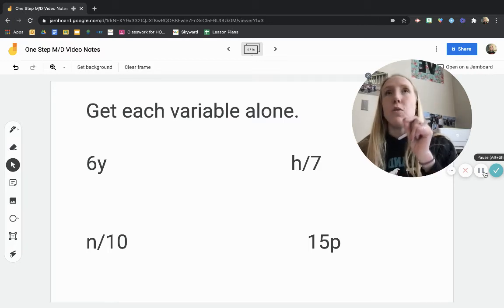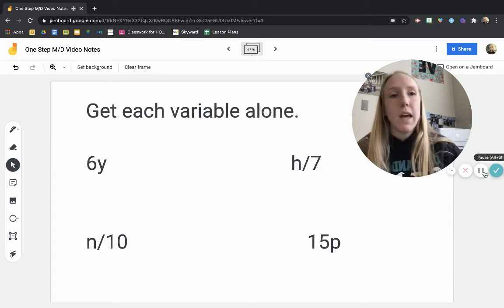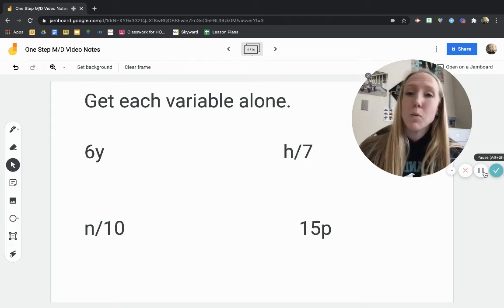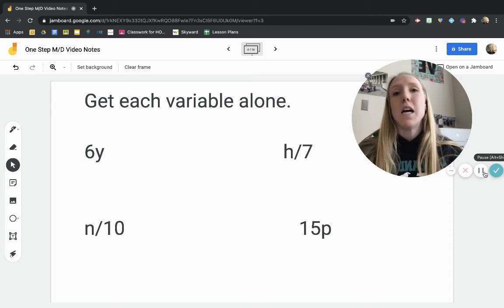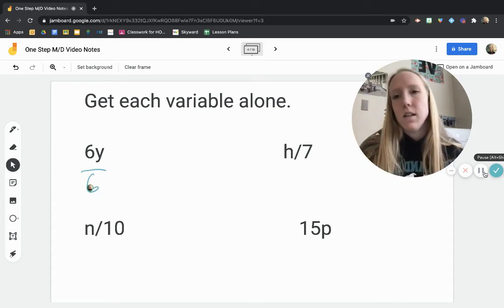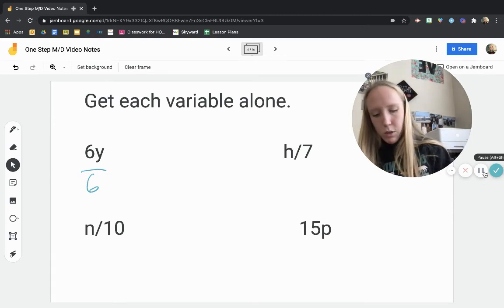When two things are smushed together, I need to divide to undo the multiplication. So 6y means 6 times y. I want to undo the times 6, so I divide by 6. And that leaves me with just y by itself.